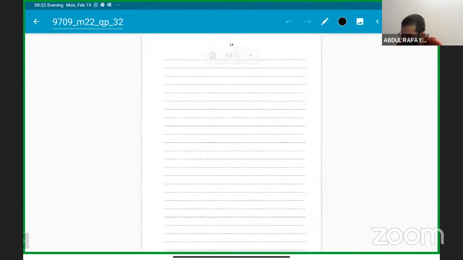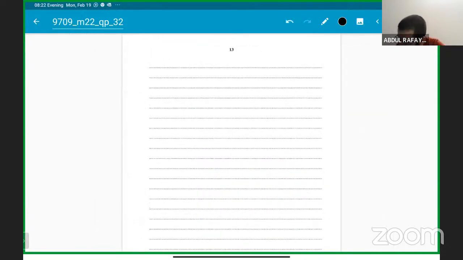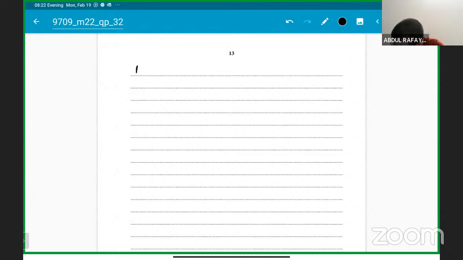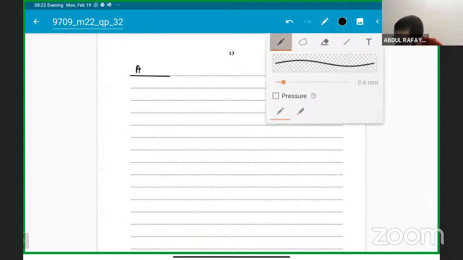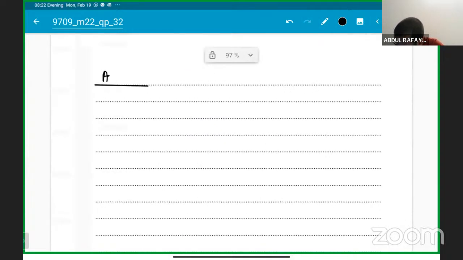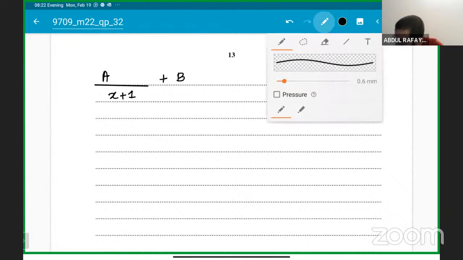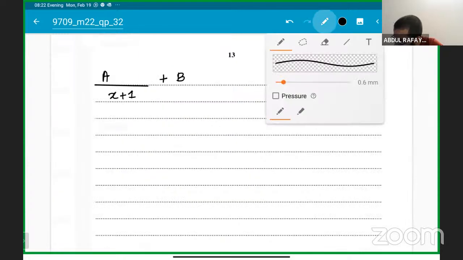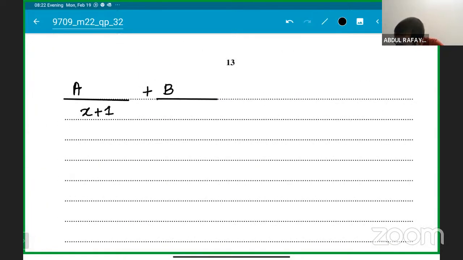Let's do it here. So 1 over (x plus 1)(3x plus 1) equals A divided by x plus 1, plus B divided by 3x plus 1.